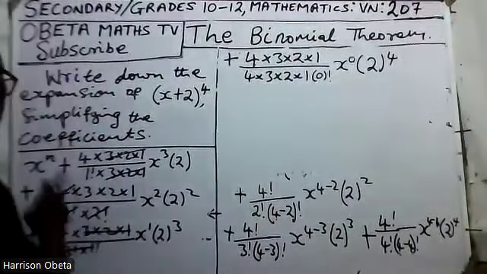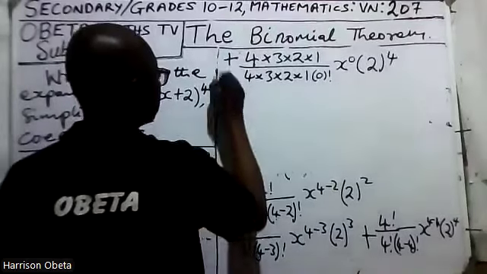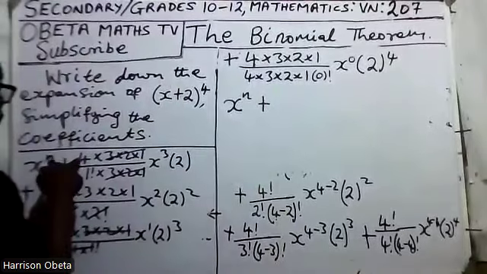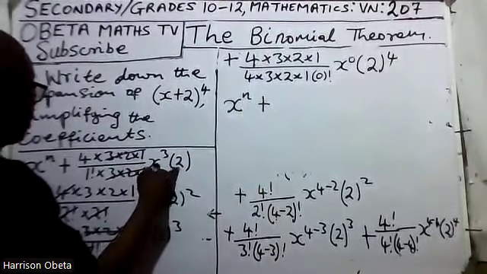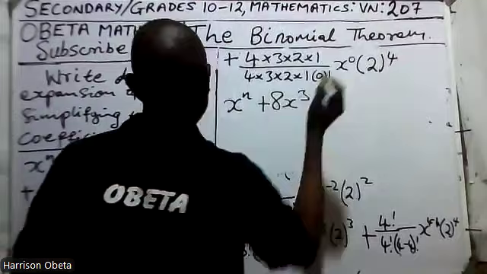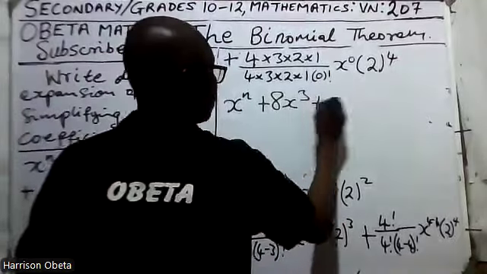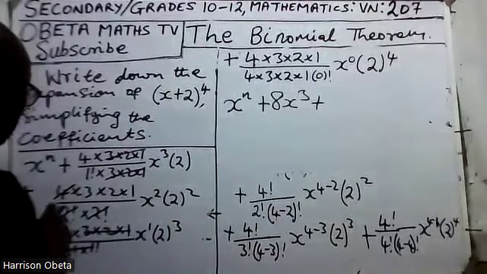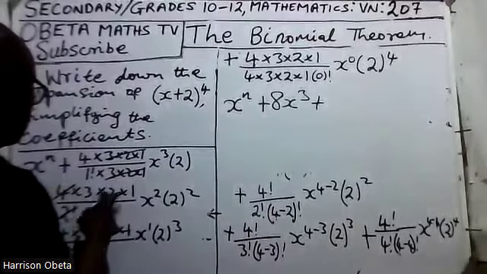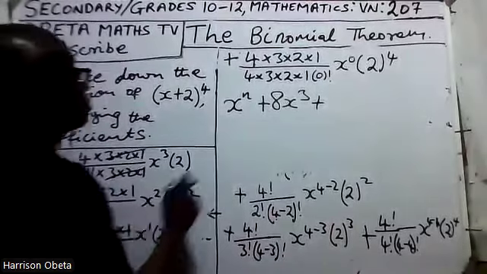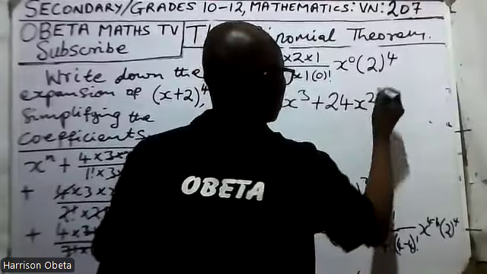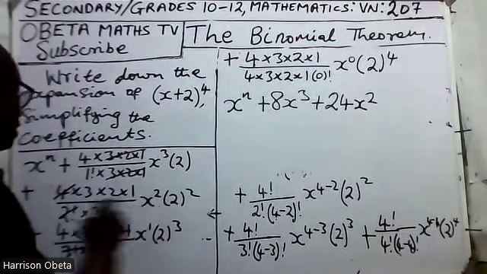So coming back, this one will now give us x raised power n plus 4 times this is 8. So that will be 8x raised power 3 plus, then you also check here, this is 6 times 4, that's 24. 24x raised power 2, that is this.